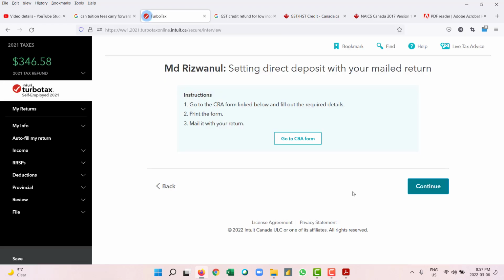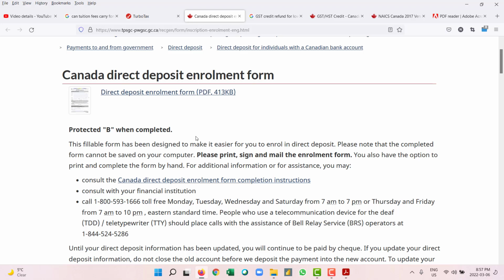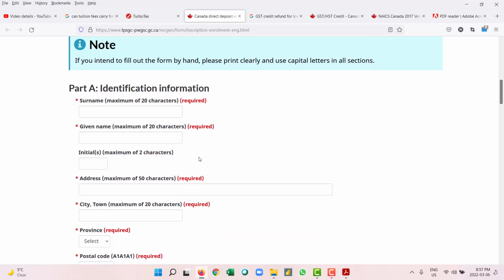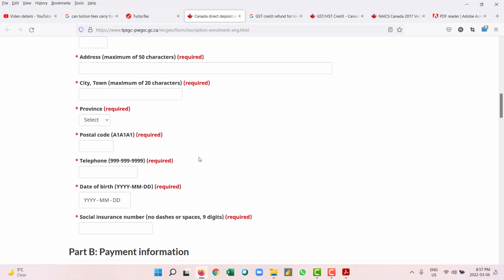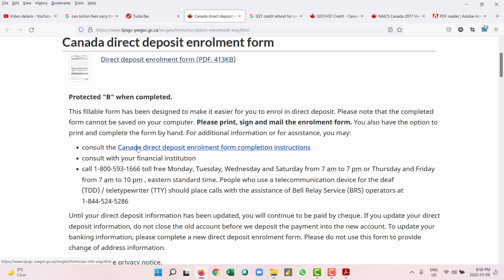Mail return. Set up direct deposit with your mailed return. Go to the CRA from the link below and fill in the required CRA form. You can enroll in Canada Direct Deposit from here.